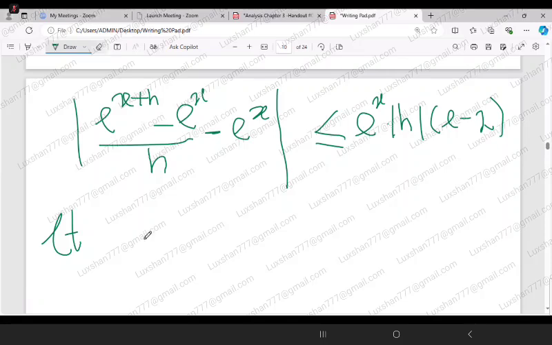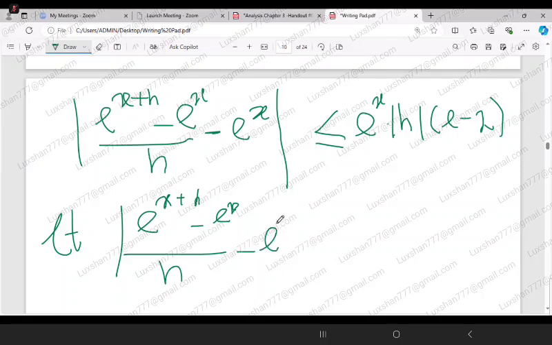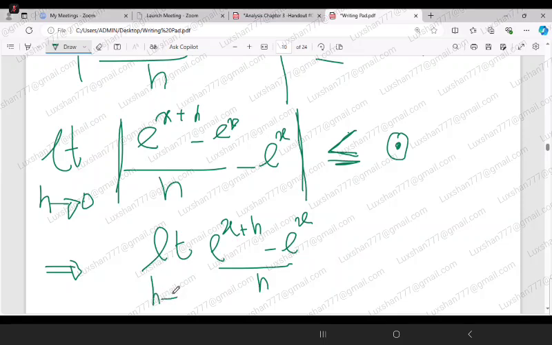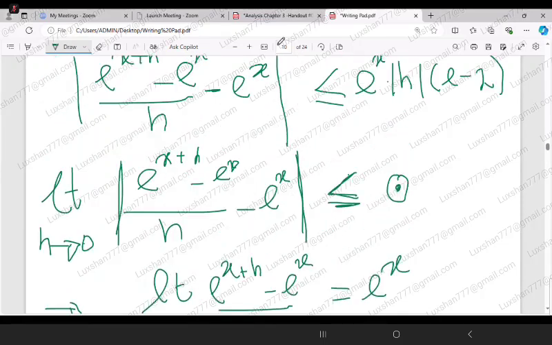The limit of the mod of e to the power x plus h minus e to the power x over h, minus e to the power x, as h tends to 0, is less than or equal to this, and as h tends to 0, this becomes 0. Therefore, from this, what can you conclude? The limit of e to the power x plus h minus e to the power x over h, as h tends to 0, should be equal to e to the power x. So that is the idea, and that is what is explained here.